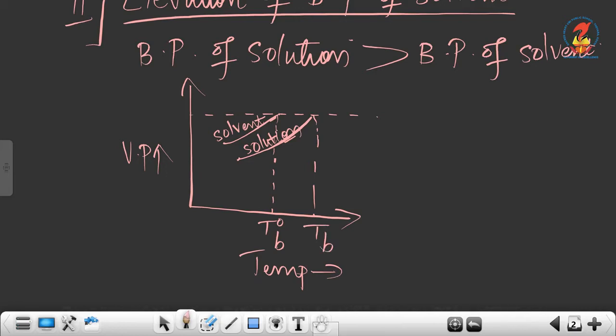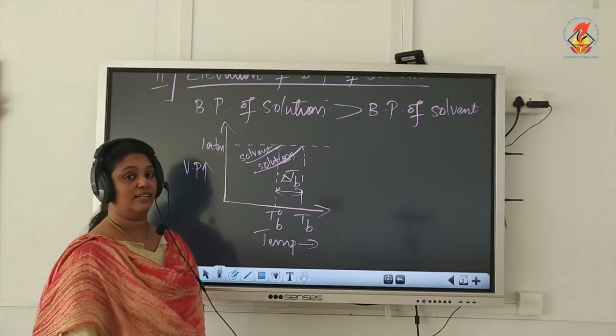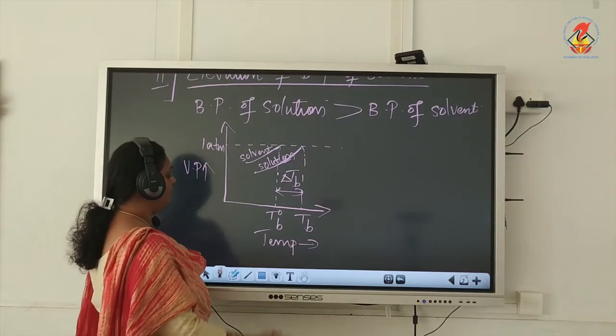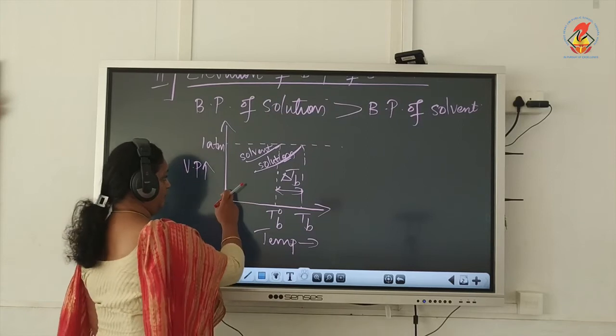This is the vapor pressure, that is 1 atm. This difference is our delta TB, the change in boiling point. In this case, it is an increase in boiling point. So, this is the graph for vapor pressure against temperature.